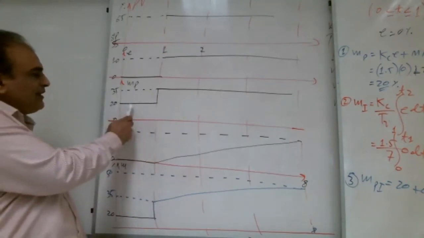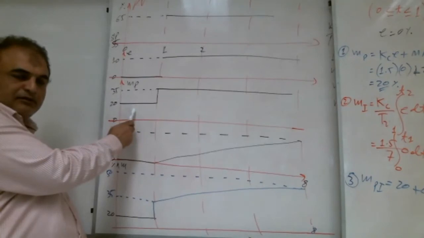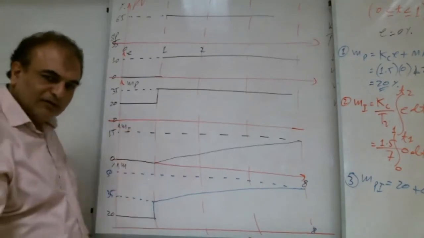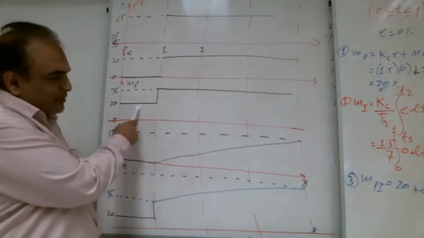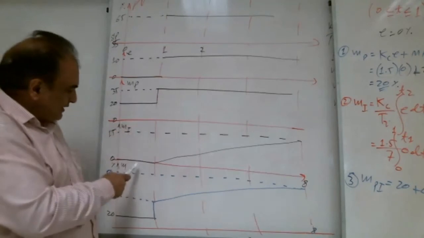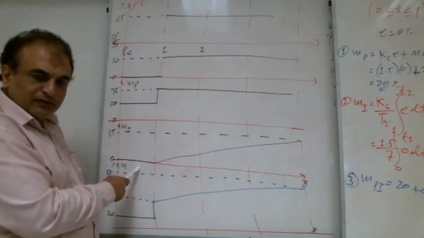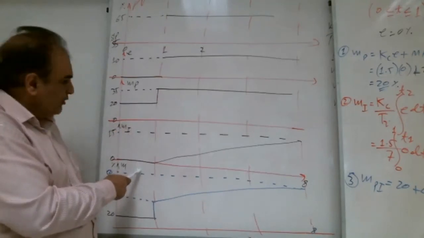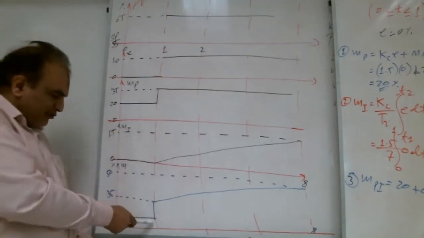From 0 to 1, what is MP? 20, right? And what is MI? 0. So 20 plus 0 is 20.